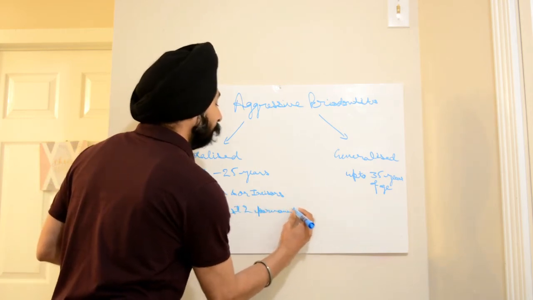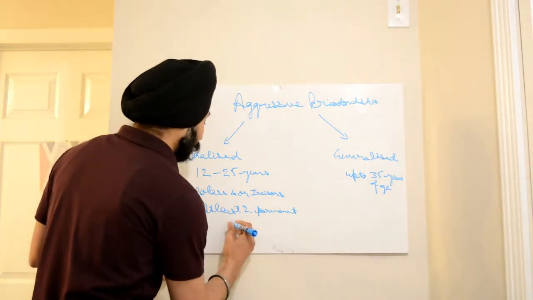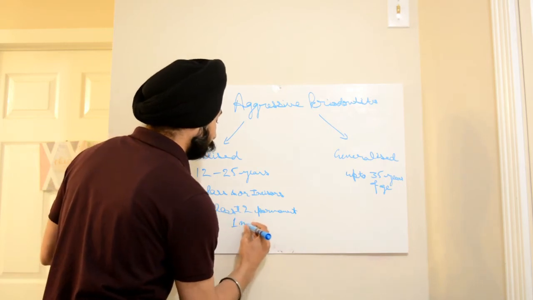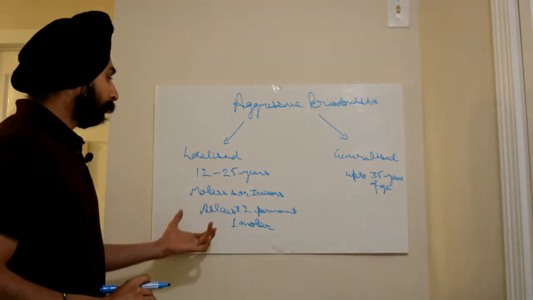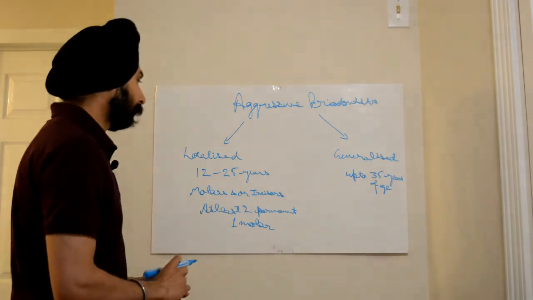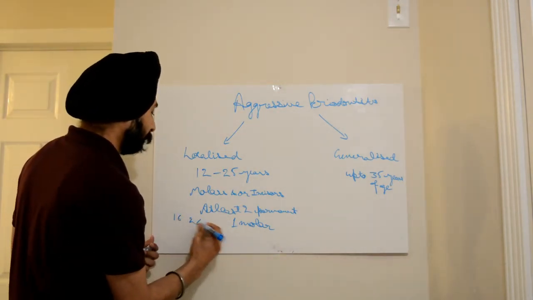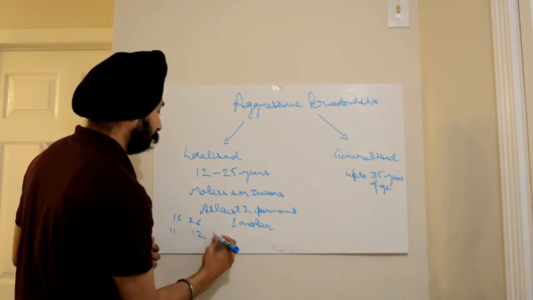At least 2 permanent teeth will be involved. Out of them, at least 1 must be molar. What does this mean? This means, let's say, the teeth that are affected are 16, 26, 11, 12, 14.